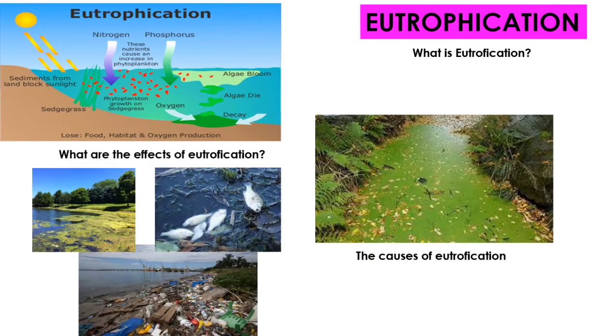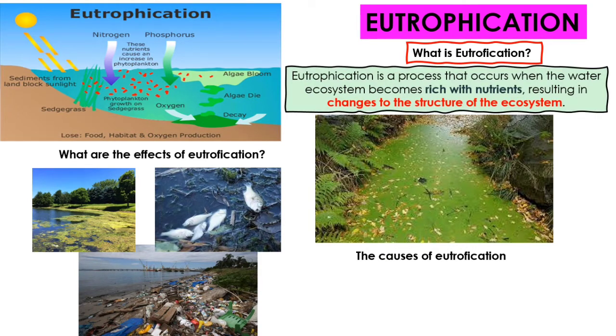Okay, now let's discuss another human activity that causes eutrophication. What is eutrophication? Eutrophication is a process that occurs when the river ecosystem becomes rich with nutrients, resulting in change to the structure of the ecosystem. What are the effects of eutrophication?